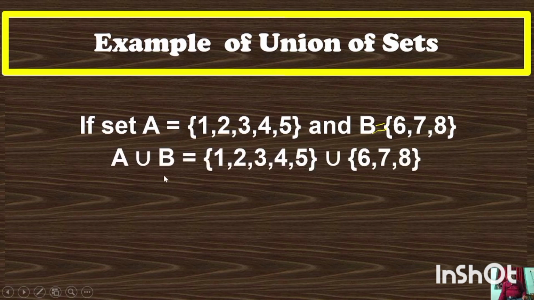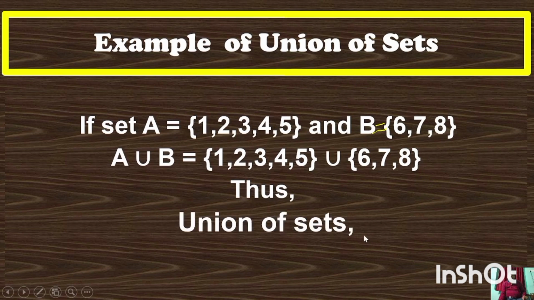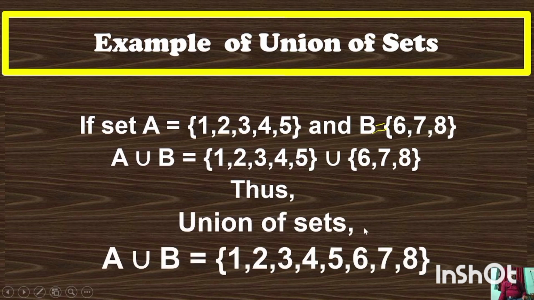Now let's see A union B. A union B means we have to take all the elements of the set A as well as the set B, right? So {1, 2, 3, 4, 5} union {6, 7, 8}. Thus we shall get the union of the sets, A union B, which is {1, 2, 3, 4, 5, 6, 7, 8}. This is the union set of A and B.